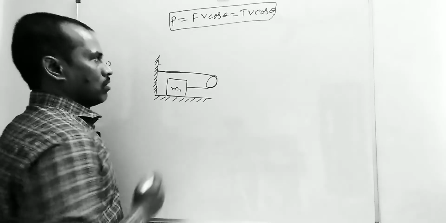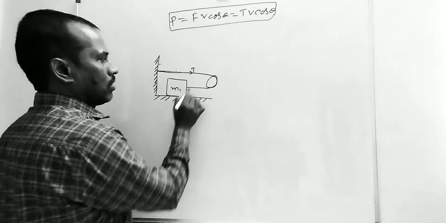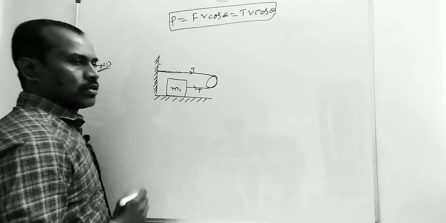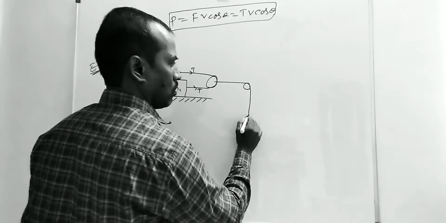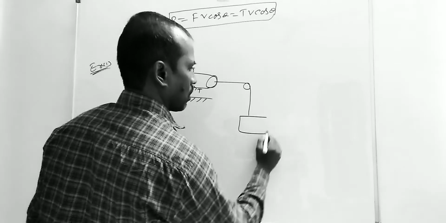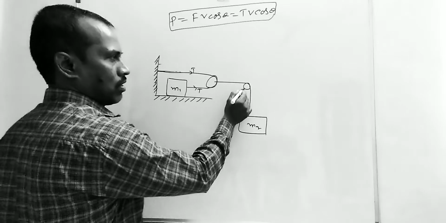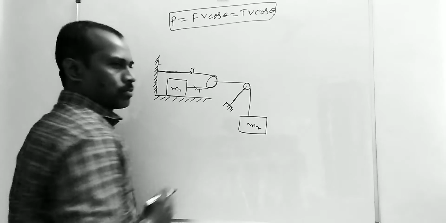The tension in the string is T. This is connected to another block, M2, over a pulley. This is a frictionless pulley.